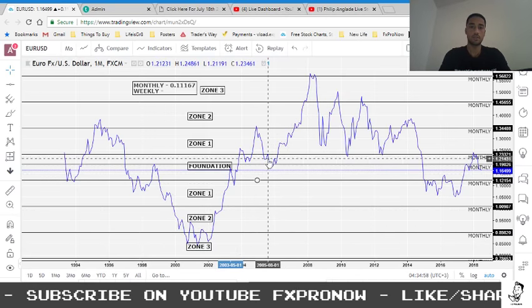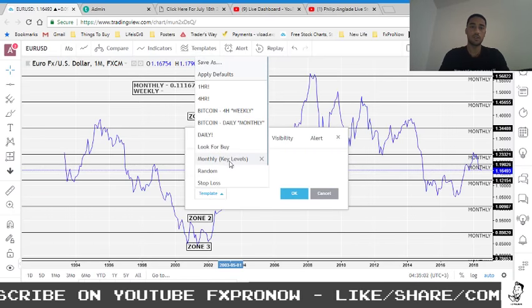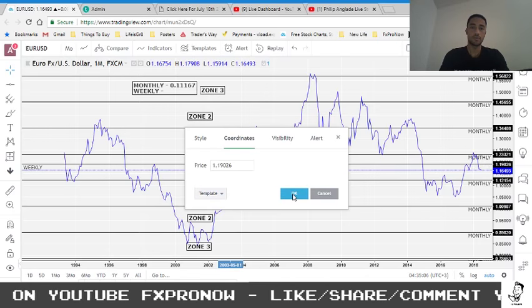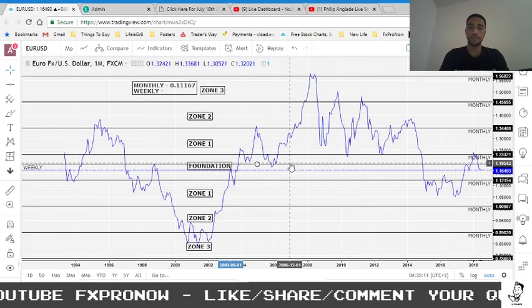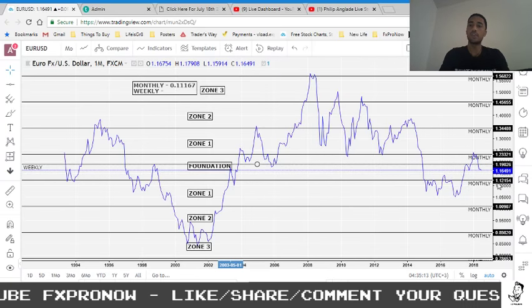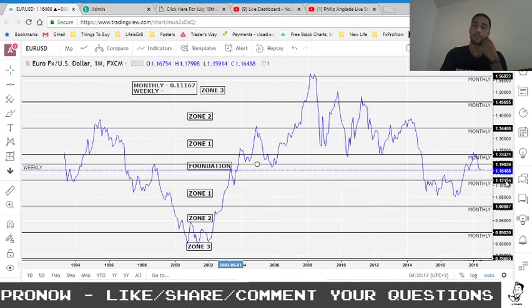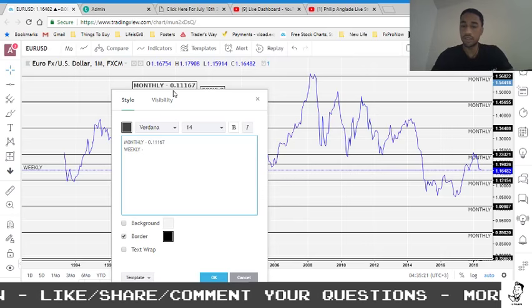So I'm going to take this, and I have a weekly template. You see the weekly goes over here and the monthly goes over here. Okay. So now I'm going to take that first foundation that we came up with from the beginning, and I'm just going to add that weekly number that we came up with.